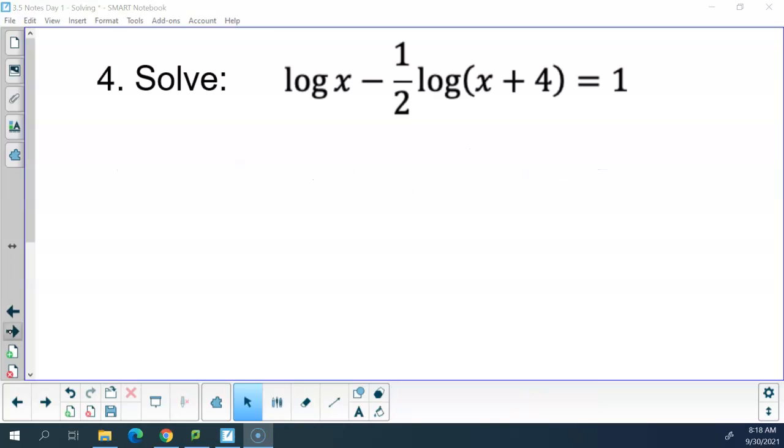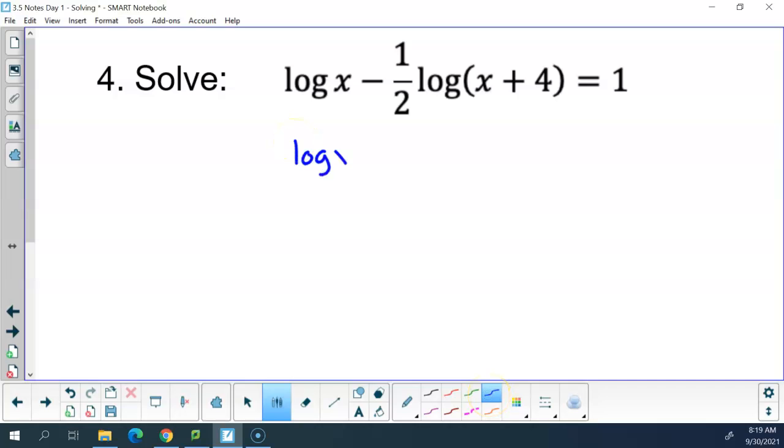So, when we've got 2 logs, we first have to combine them down into 1 log. So we have to use our properties from yesterday, the expansion, the condensing, all that fun stuff. So this one is going to be, first I'm going to apply the power property.